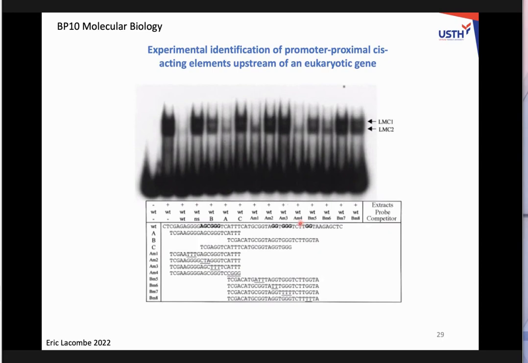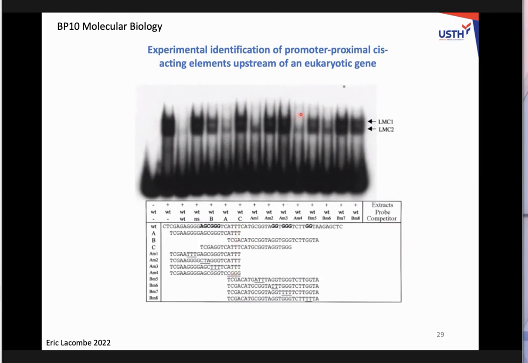For example, you take the fragment AM4 as a competitor. AM4 is this one. In this fragment AM4, only the 4 last bases at the 3' part are mutated compared to the wild type.